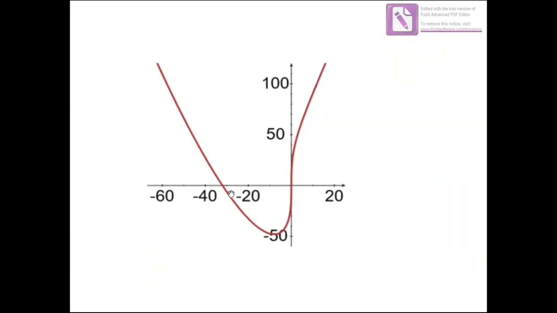So from (0, 0) to (-8, -48), you will connect this by this line. Then here you will have a relative minimum. Then at (0, 0), this function has a cusp. So you will draw something like this one, because this function has a cusp at (0, 0). Then you will complete your drawing.